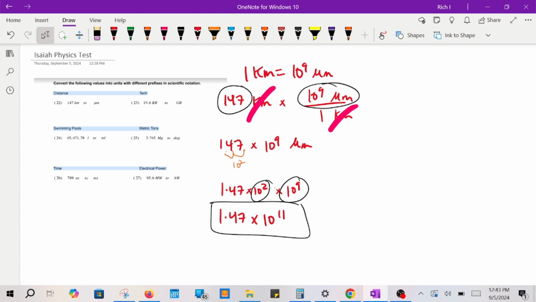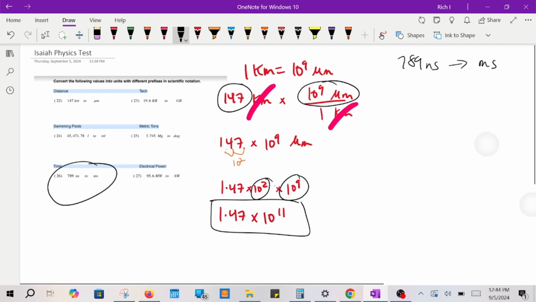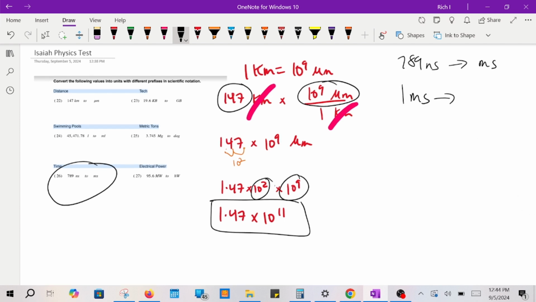Let's do a couple more examples. The other one I tried was the nanoseconds one. We have 789 nanoseconds, and we're converting to milliseconds. Again, we need to know the conversion: 1 millisecond is exactly 10 to the 6 nanoseconds.